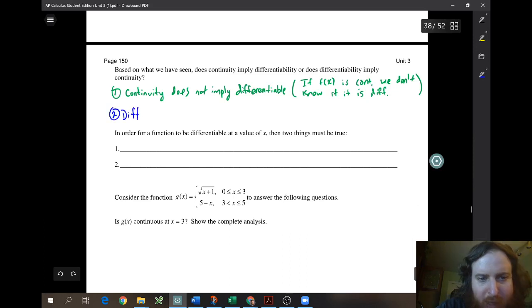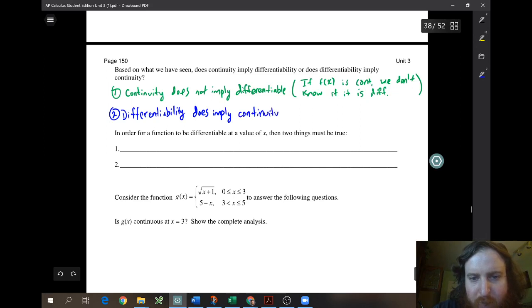differentiability, if a graph is differentiable, does imply continuity. And so what that tells us is that if a graph is differentiable, then it first had to have been continuous.